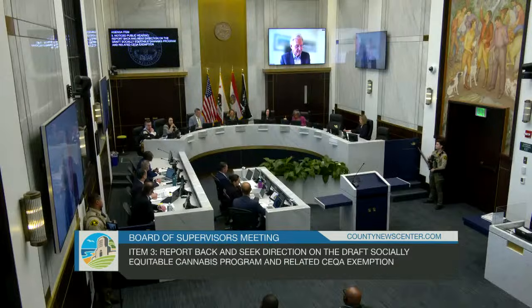Supervisor, through the chair, currently social equity applicants will have to go through both the county and the state background check process. And the county code offers more discretion in terms of disqualifying criteria, and the state has very clear and defined processes.